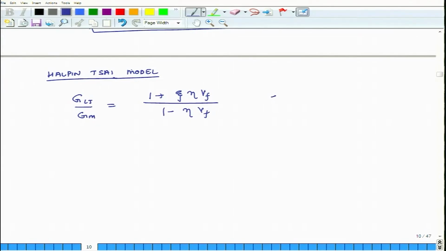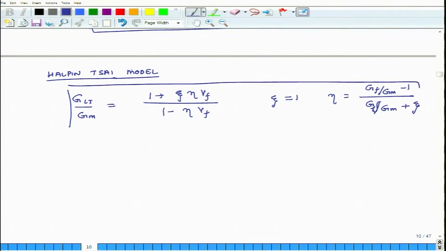Now, here zeta equals 1 for circular fibers and eta equals Gf divided by Gm minus 1, divided by Gf over Gm plus zeta. Now, remember this relation is slightly different from the relation for transverse modulus.